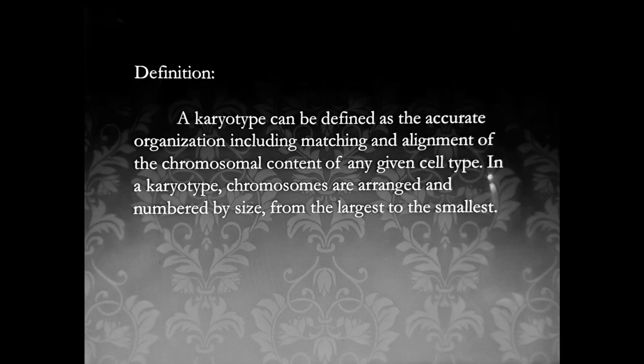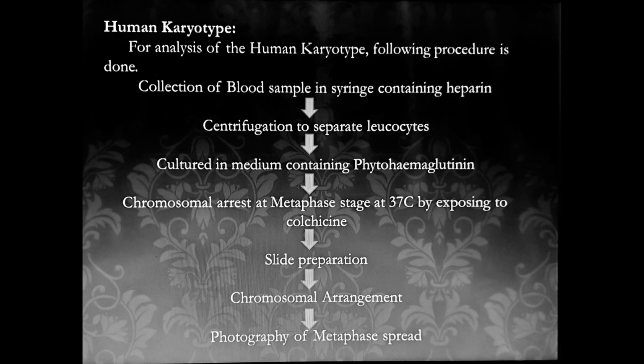Moving forward, let's take a look at how karyotyping is done. We will see the stepwise procedure of karyotyping. So first, collection of a blood sample. Blood sample is collected by using a syringe which contains heparin. Heparin is an anticoagulant, meaning it protects your blood from coagulating. It will not clot when heparin is present.